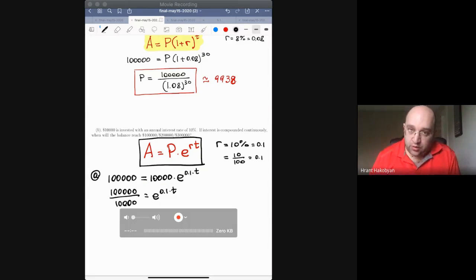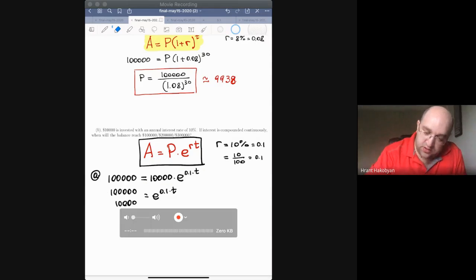Before we solve that, we can simplify: 100,000 over 10,000 is just 10. So 10 is equal to e to the power 0.1 times t.